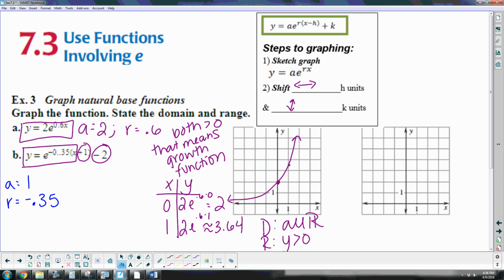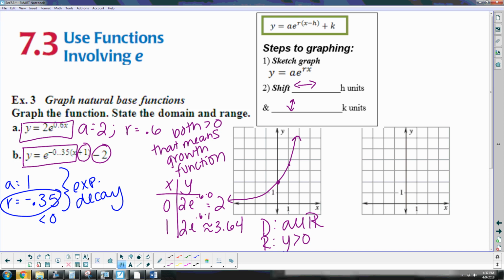And then we'll look at the h and k in just a second. But with these two pieces of information, if you look at your key concept, it says if a is greater than 0 and r is less than 0, then the function is an exponential decay. So here we know that this is an exponential decay function because r is less than 0.